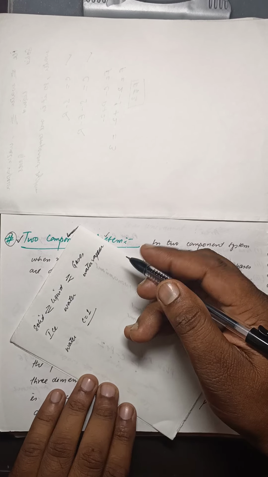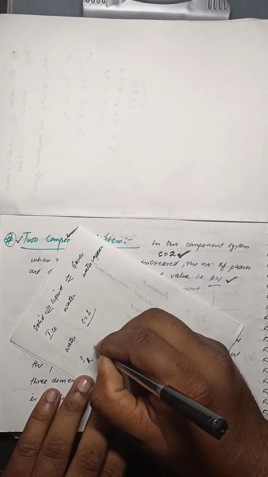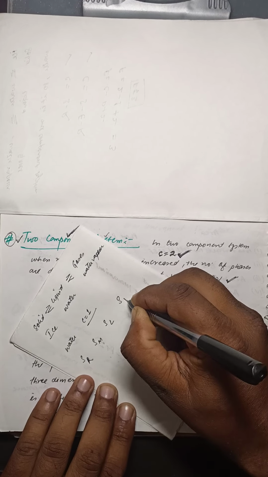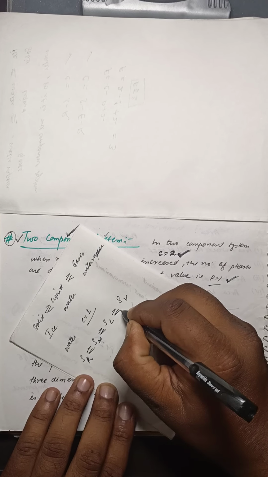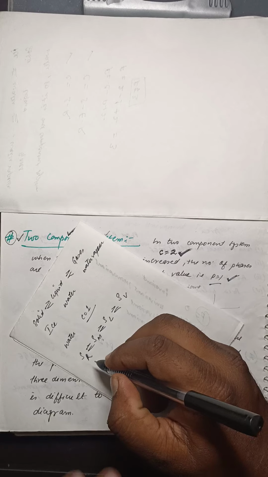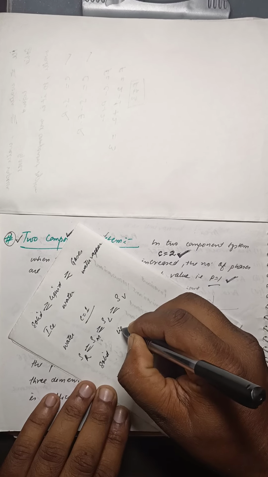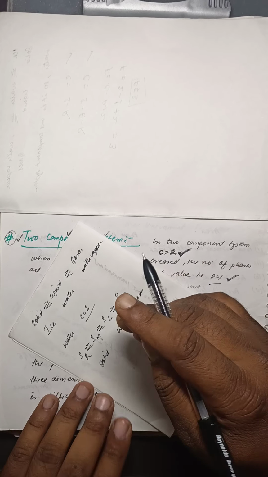We can take another example: sulfur exists in four phases, rhombic sulfur, monoclinic sulfur, liquid sulfur, and sulfur vapor. All are in equilibrium. Rhombic and monoclinic are solid in nature, one is liquid and one is gaseous.